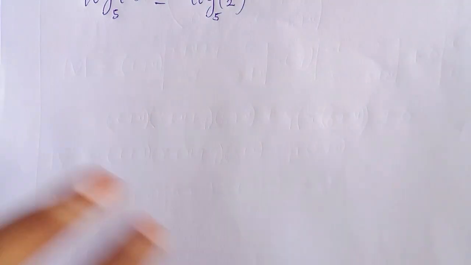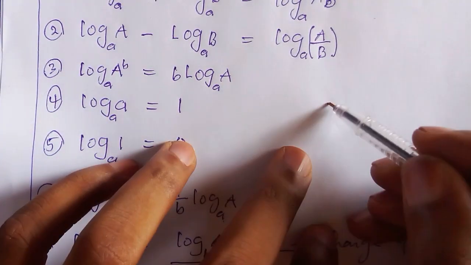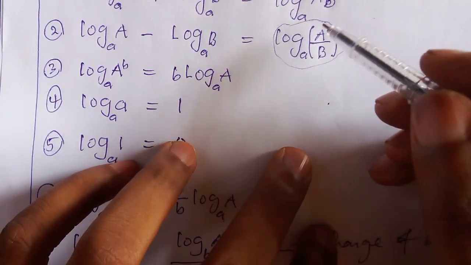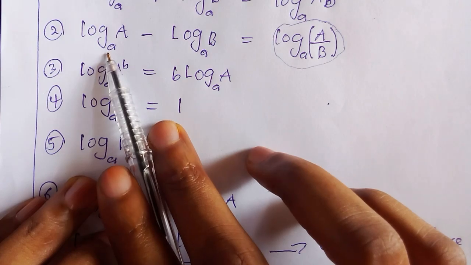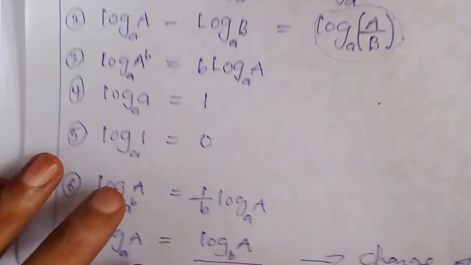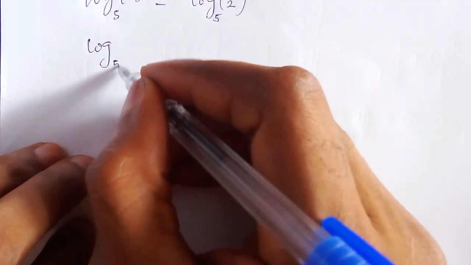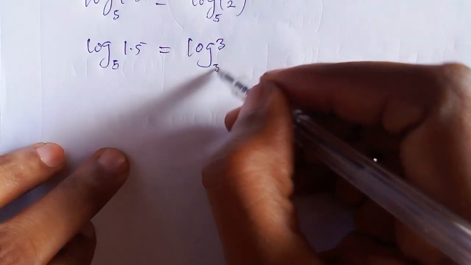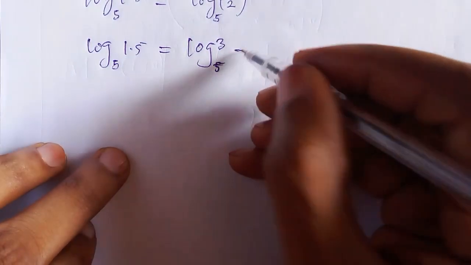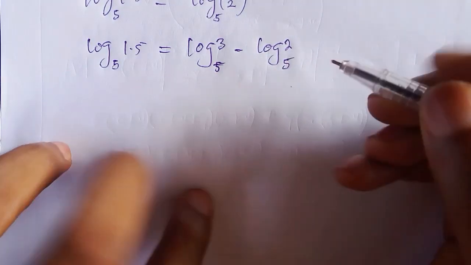Also, from the laws of logarithm, which we wrote earlier, log a over b to the base 5 is equal to log a base 5 minus log b base 5. Therefore, log 1.5 base 5 is equal to log 3 base 5 minus log 2 base 5.